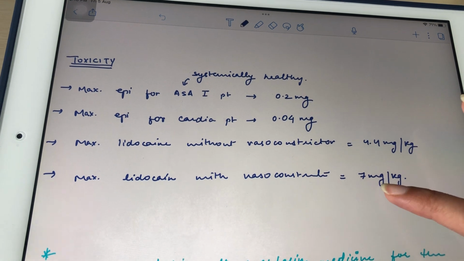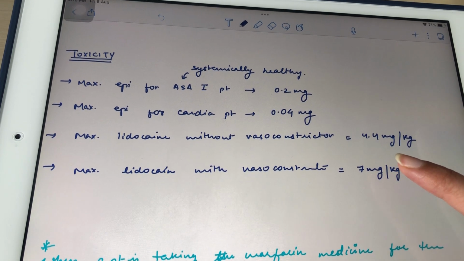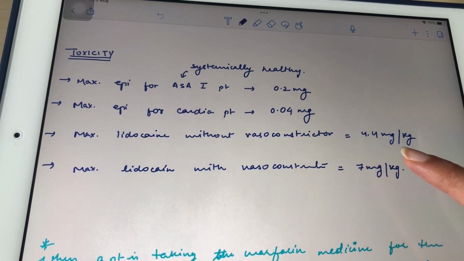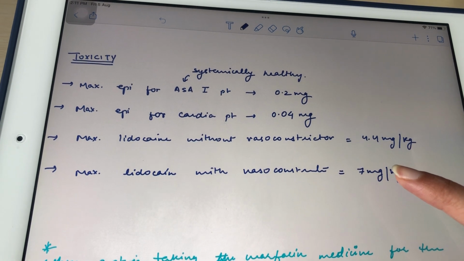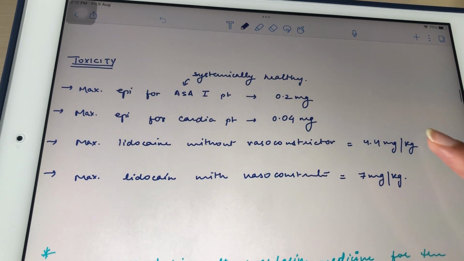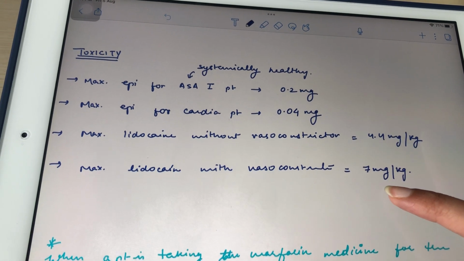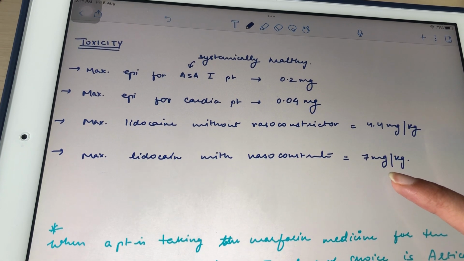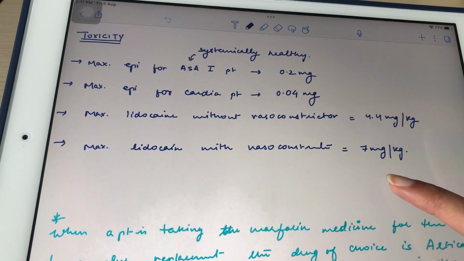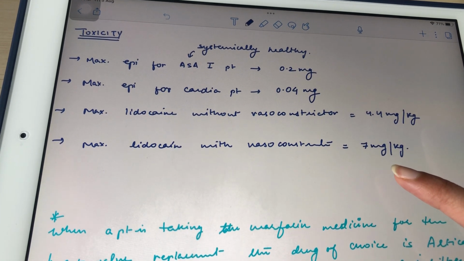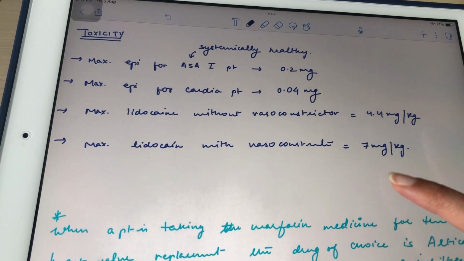Maximum epinephrine for an ASA1 patient, who is a systemically healthy patient, is 0.2 milligram. The maximum epinephrine dose for the cardiac patient is 0.04 milligram.